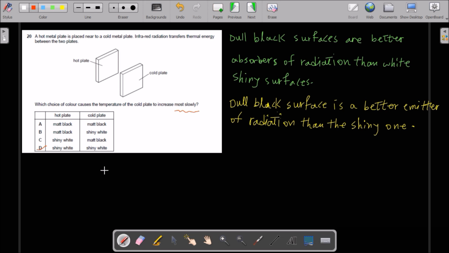That's why the temperature increase for the cold plate happens most slowly. And the hot plate also should be shiny white, which can reflect radiation more. Okay, so that's why D is right.